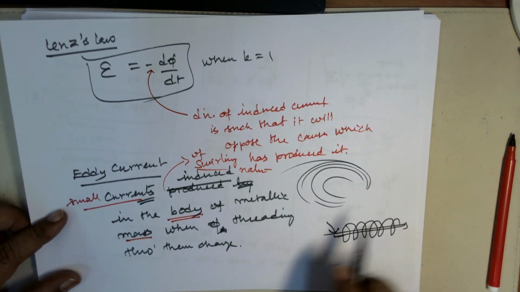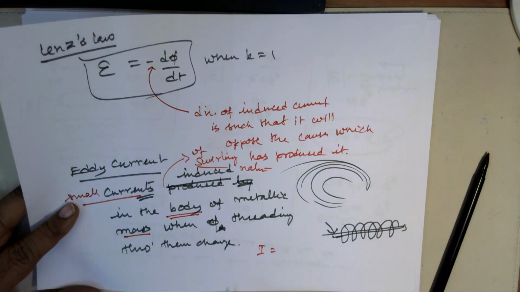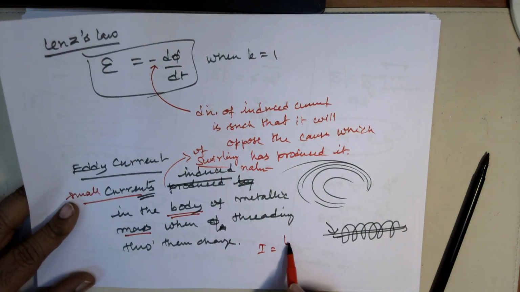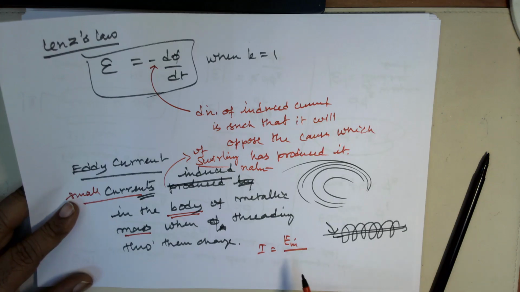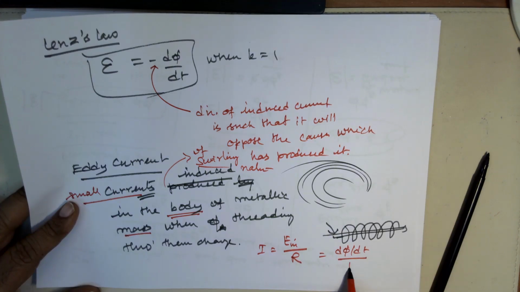So this current I is equal to the induced EMF divided by R, the resistance. And this induced EMF is nothing but d phi by dt. So this is d phi by dt divided by R.